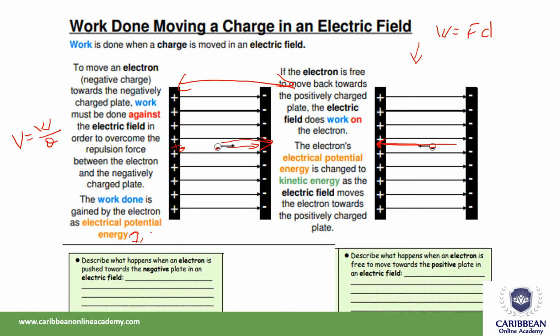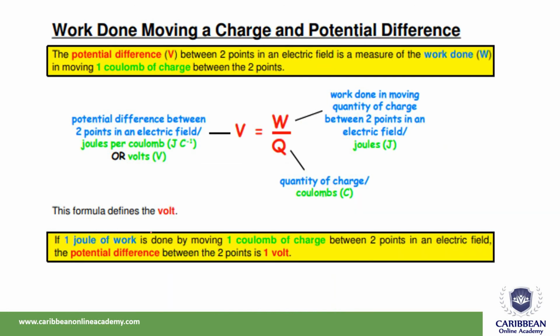Are we doing the work against the electric field, or is the electric field doing work on the electron? All right? Now, with all of that being said, we can actually measure the work that is being done, either on the electric field or against the electric field.